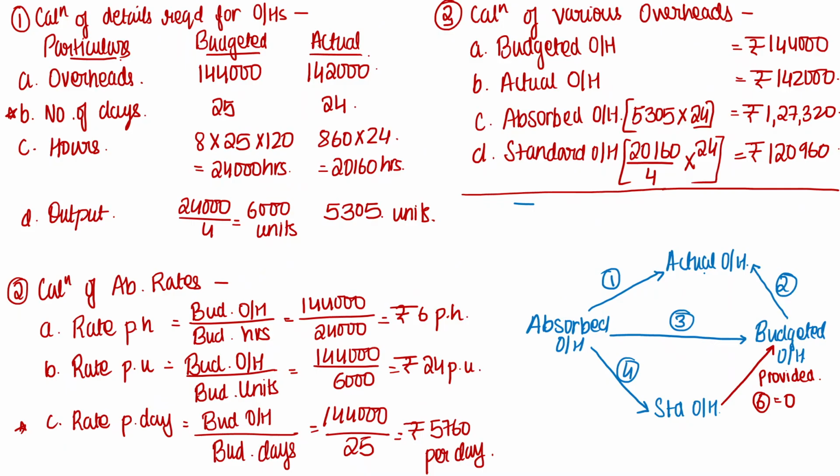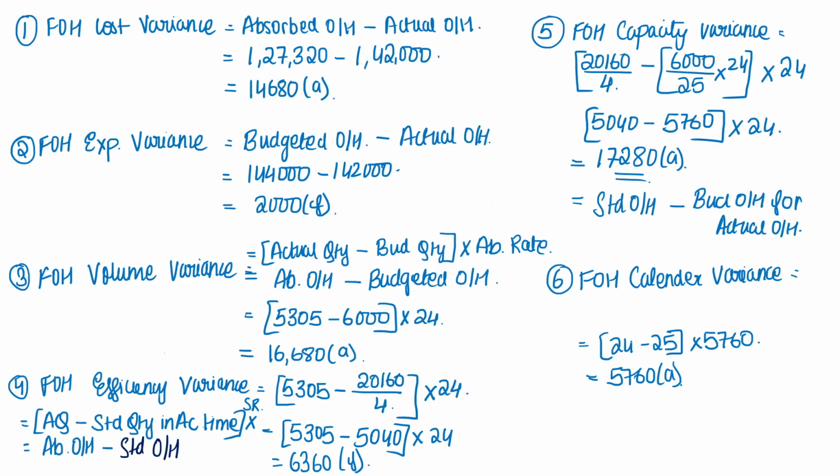That is why I wrote that if variance number 6 is 0, that means there is no difference between the actual number of days and this, then obviously this and this wouldn't have been there, and this would have been budgeted overheads. So this is actual days minus budgeted days into the rate per day.